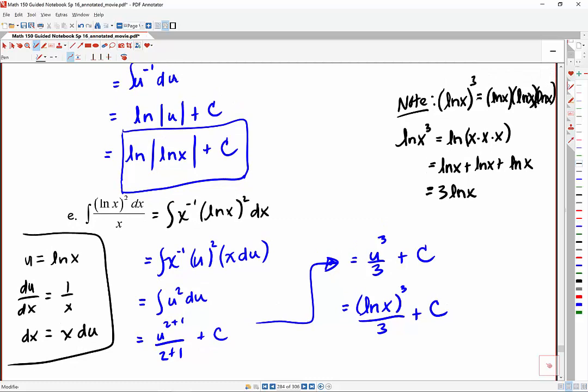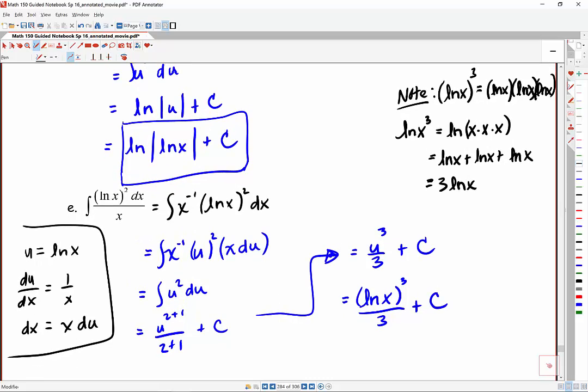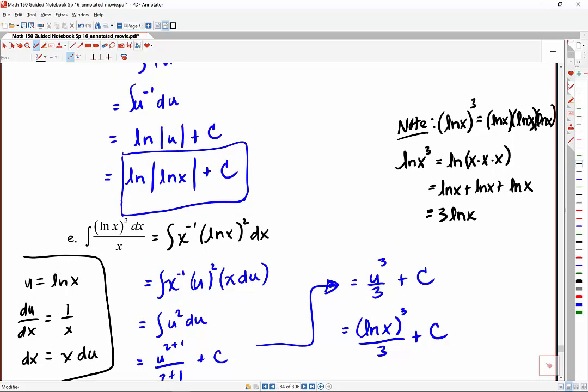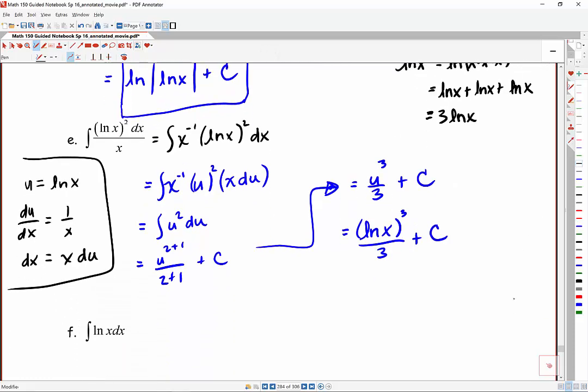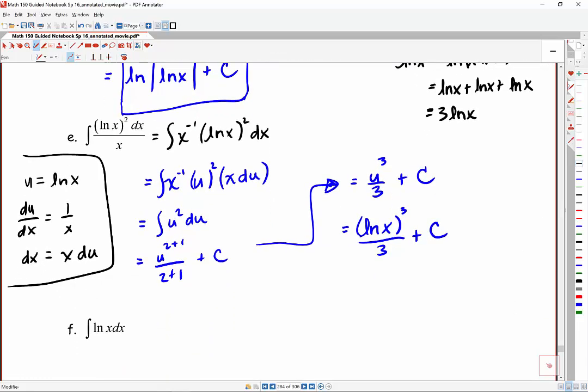So notice the difference between these. Which case do we have? We have this one right here, don't we? Which means we can't use any properties of logs on that. Okay?